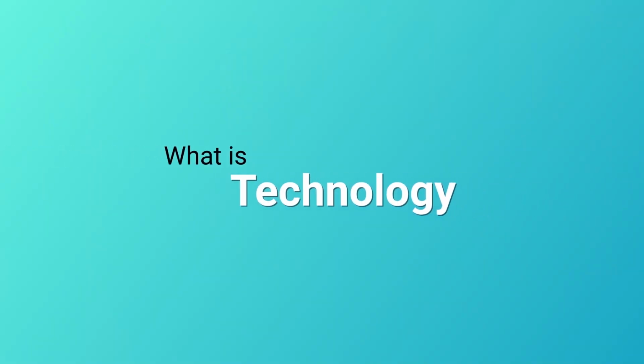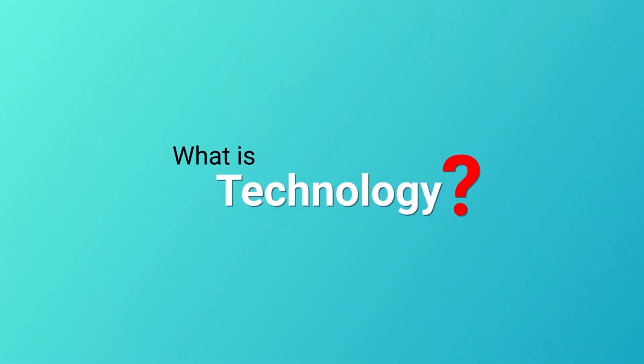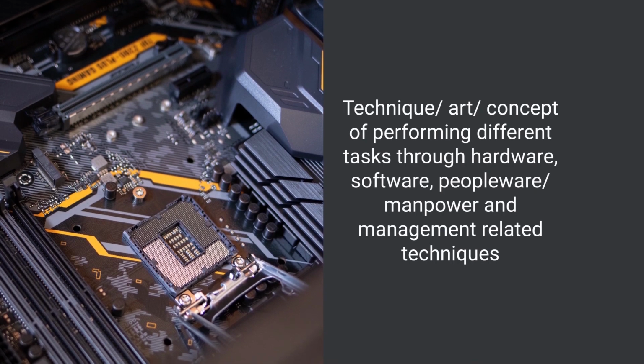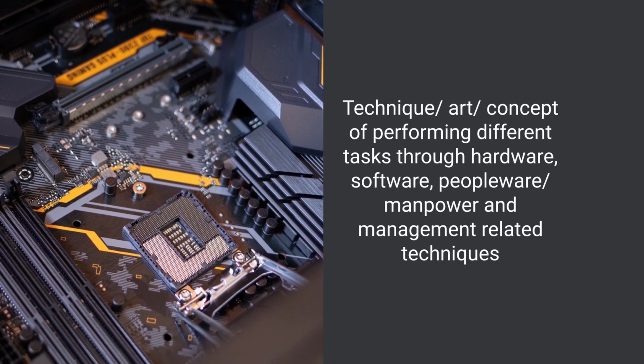So, to begin with, let us see what is technology. By definition, technology is a technique, an art, or a concept of performing different tasks through hardware, software, peopleware or the manpower, and management related techniques.